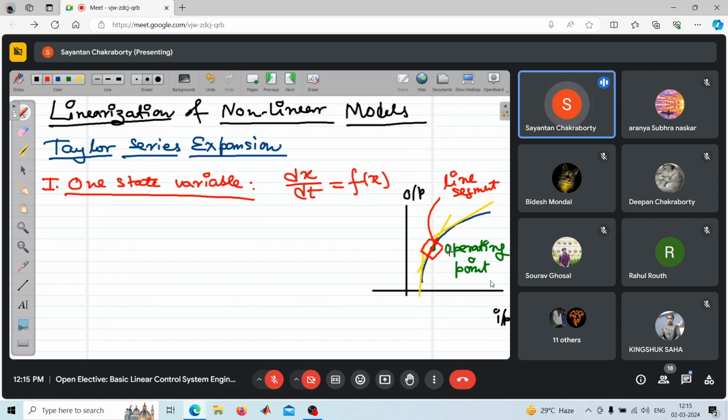The basic concept is that if you consider this neighborhood that I marked in red to be narrow enough or small enough, then any perturbation within this neighborhood will cause the system to behave in a linear fashion.